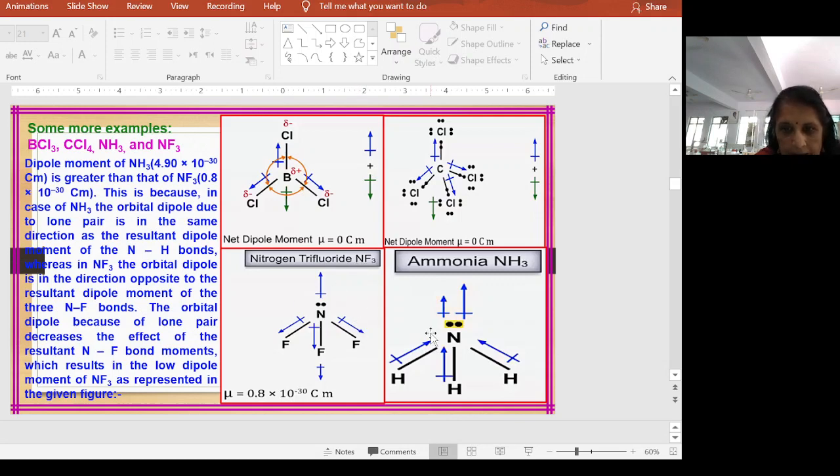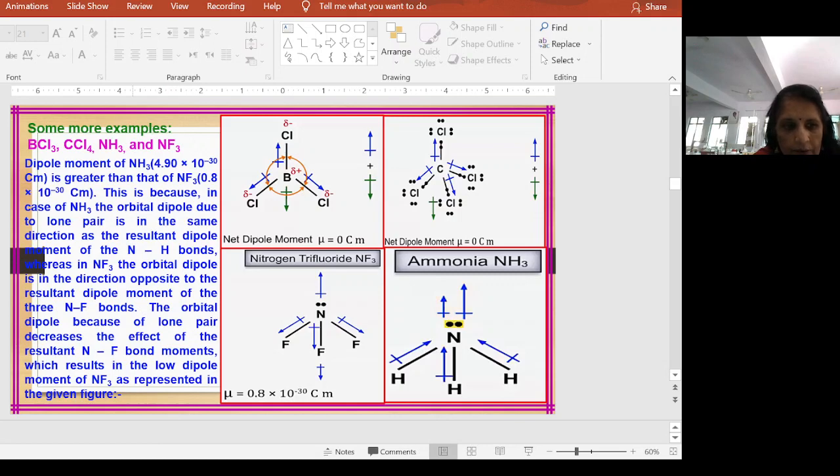But that is not the case, because dipole is a vector quantity, so it depends upon the direction of the dipole created. Here you can see that the dipole is getting cancelled out, and therefore the net dipole is very less than expected. Whereas in case of the ammonia molecule, please focus on the direction of the arrow. It is all in one direction. When it is all in one direction, then what will happen?